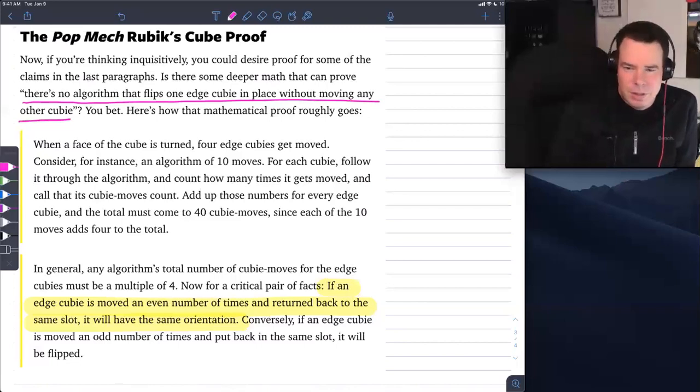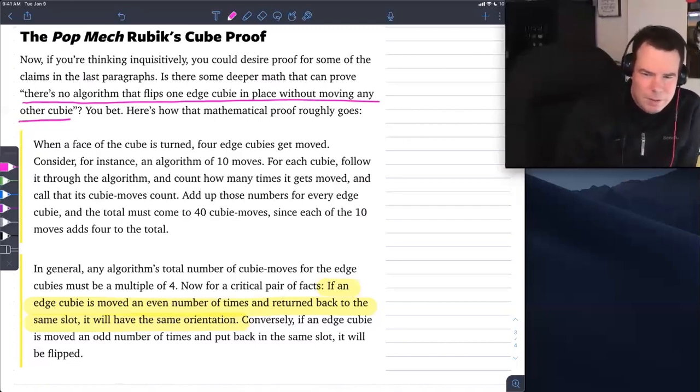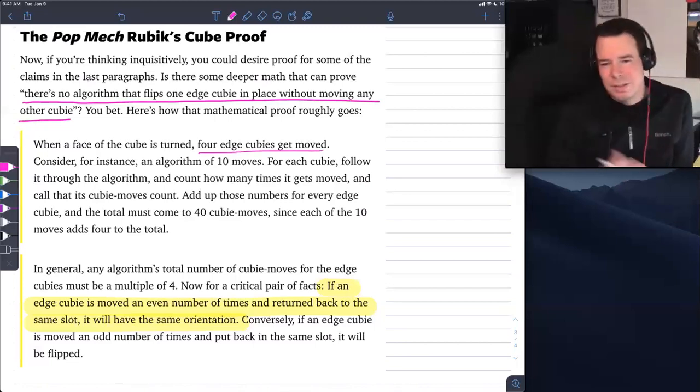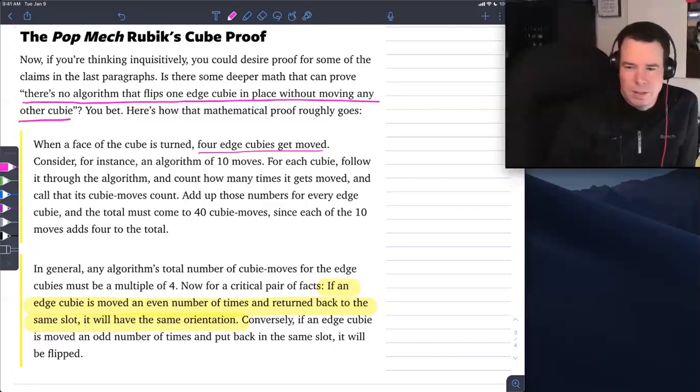And they start to outline this mathematical proof. They say something like, when a face of the cube is turned, 4 edges get moved. So you consider a move where you start twisting faces, let's say 10 face twists in total.